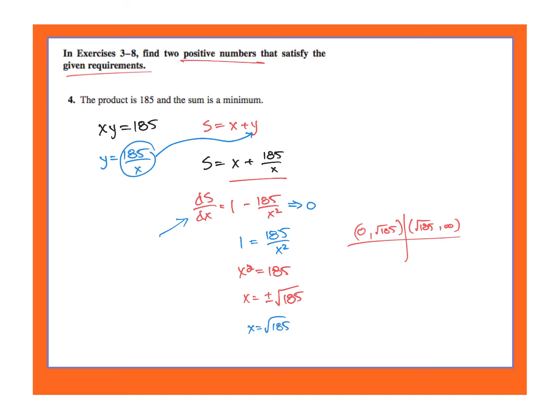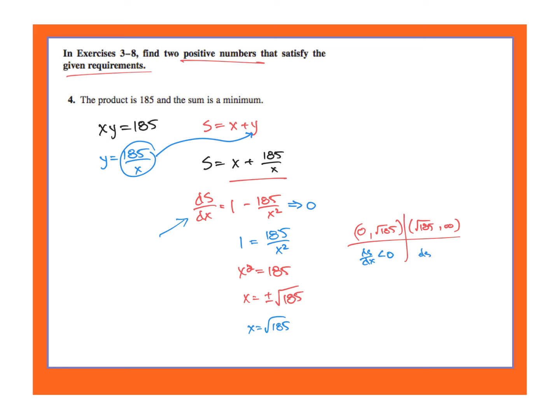So if I substitute in a number from 0 to square root 185, like, I don't know, 1 should work there. If I substitute in 1, do I get a positive or a negative number? I get a negative. So dS/dx is less than 0. And if I put in something bigger than square root 185, I should get a what? I should get a positive.